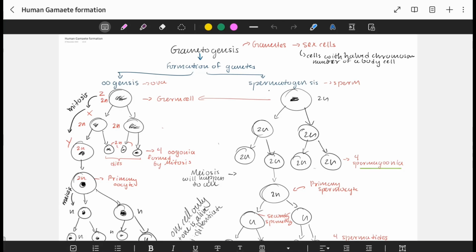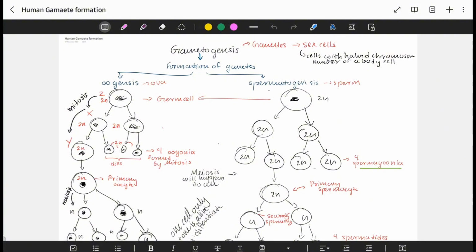Okay. So I'll start with the human gamete formation then. For this one, again, the gametogenesis. Gametes, we know they're the sex cells and they have half the number of chromosomes, so that when they fuse together, the half chromosomes will make a complete set of chromosomes.